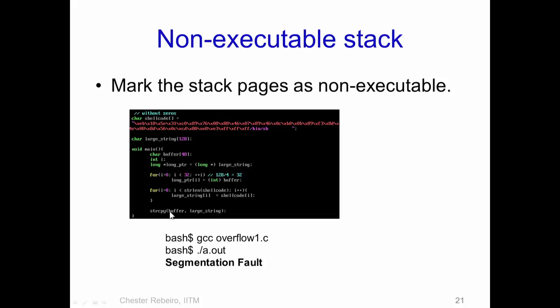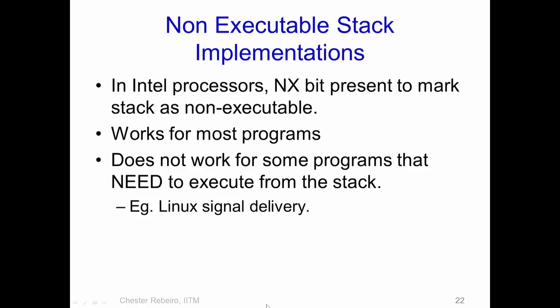If you would actually run this particular program on your Intel systems, instead of getting the exploit code to execute, you would get a segmentation fault. This would be caused because the program is trying to execute some instructions on the stack. In Intel machines, an NX bit is present in the page tables to mark the stack as non-executable.